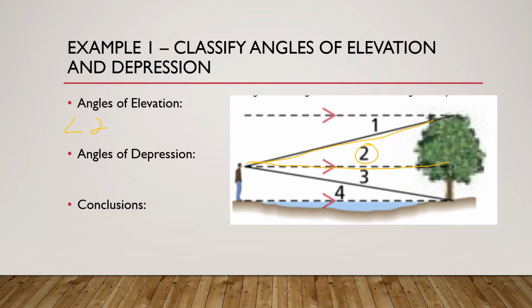If we are also at a horizontal line and we're standing at the tree at the line of sight, it would also be angle 4. Now we're looking at an angle of depression. If we have a horizontal line and this line of sight and we're below the line, that'd be angle 1. And again, if we have a horizontal line and our line of sight and we're below the line, that would be angle 3.